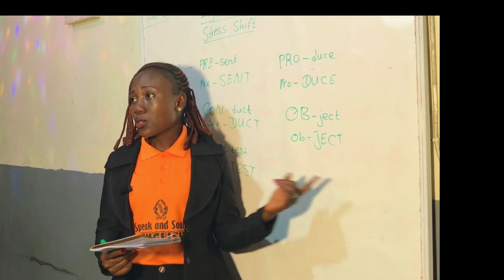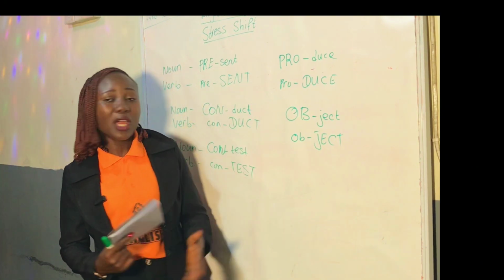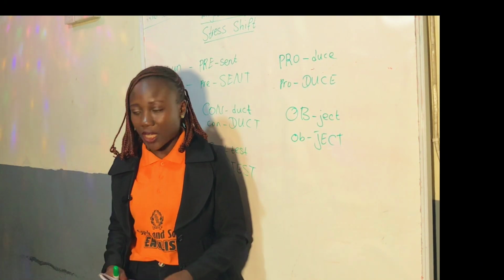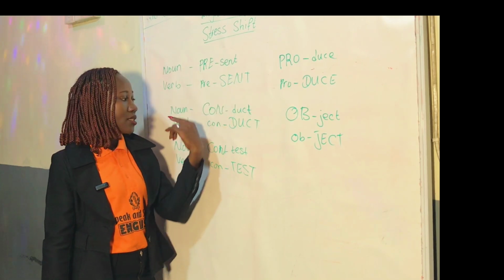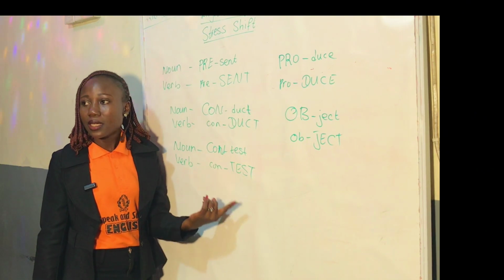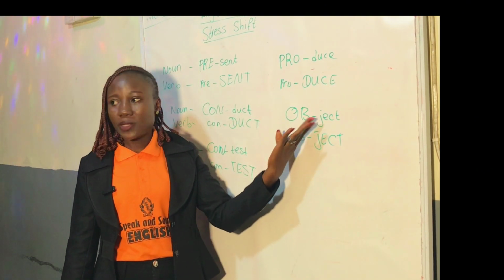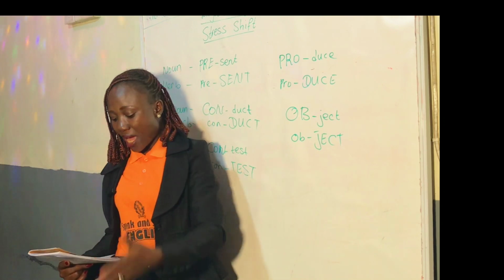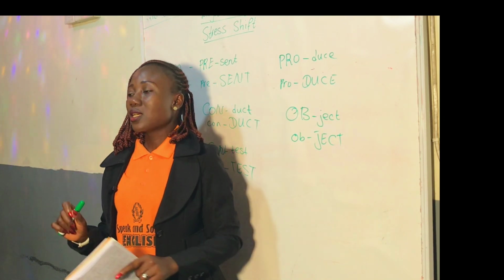And that takes us to example number 9. But before we take example number 9, let's remind ourselves of some of the examples that we've taken. We've taken present, present, conduct, conduct, contest, contest, produce, produce, object, object. And our example number 9 says transport, transport.